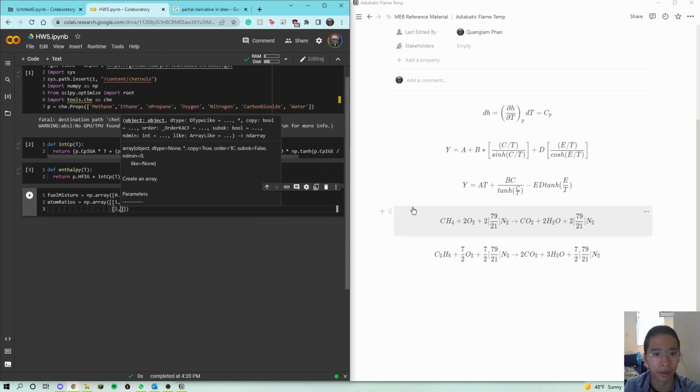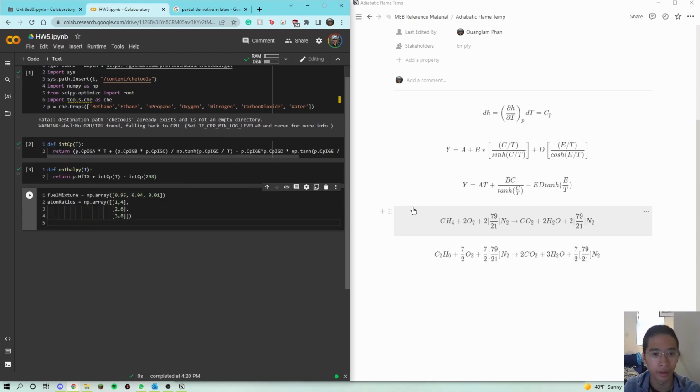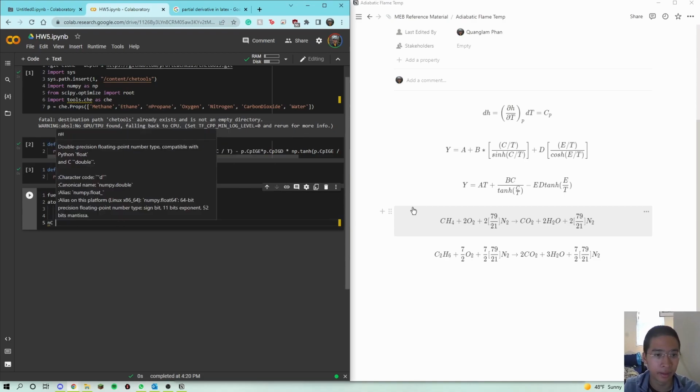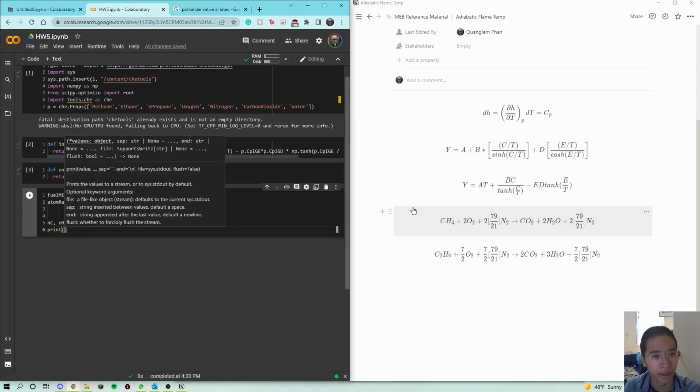Ethane has 2 carbon, 6 hydrogen, right? And propane has 3 carbon, 8 hydrogen, okay? And very simply, the stoichiometric coefficients of carbon and hydrogen is the matrix multiplication of fuel mixture and atom ratios, okay? And let's check that while we're at it.